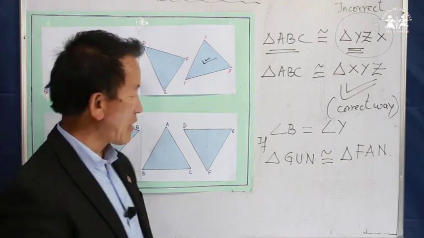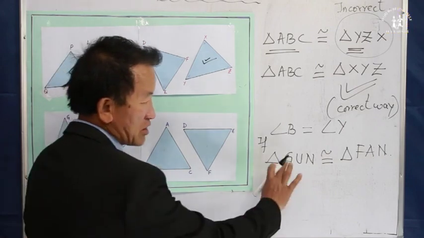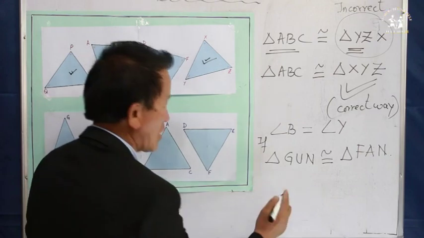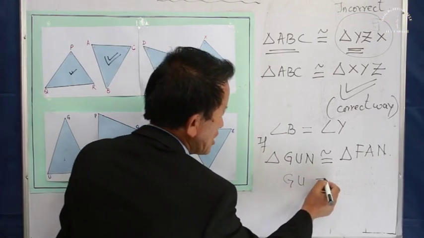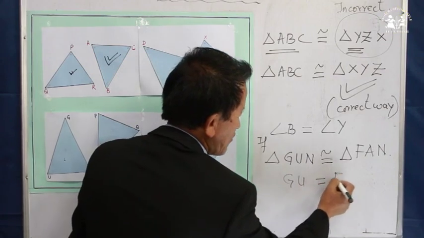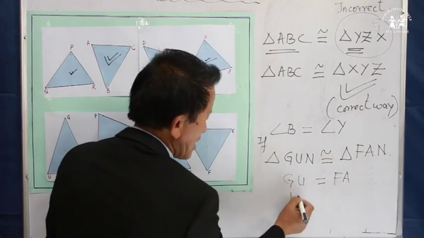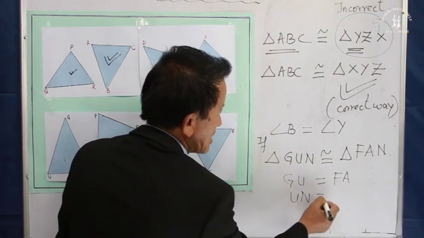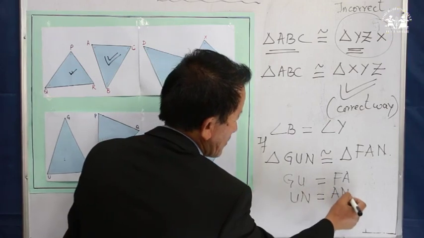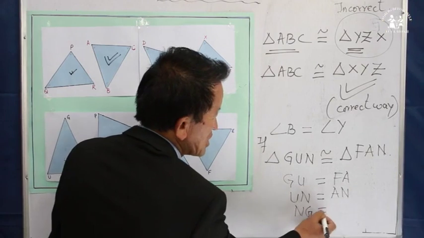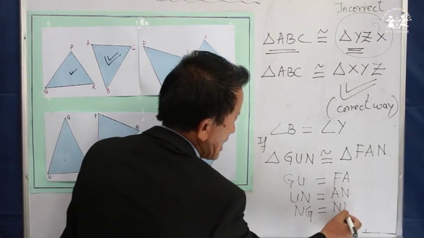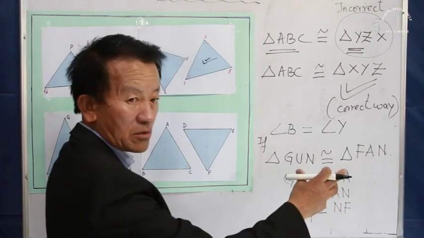So side GU is equal to side FA, side UN is equal to side AN, and side NG is equal to side NF.